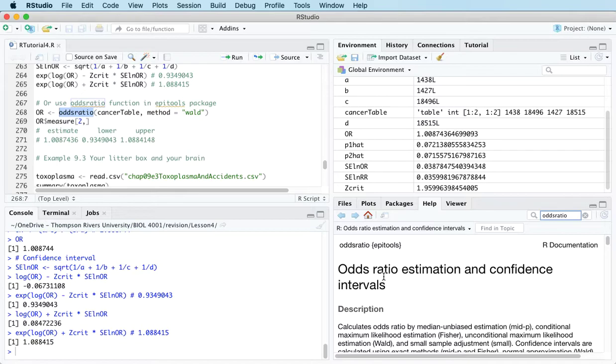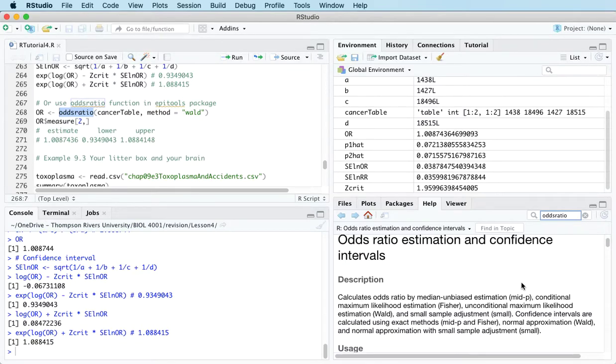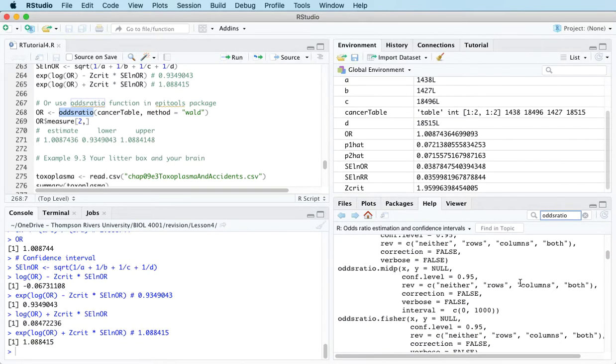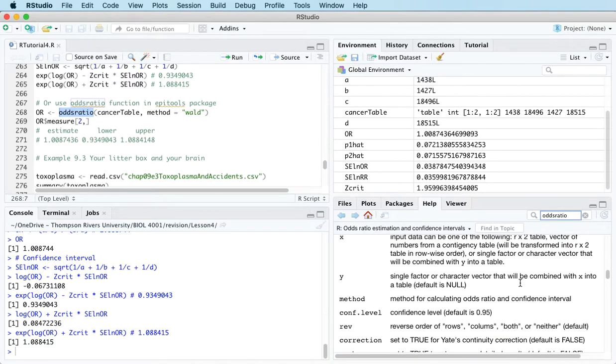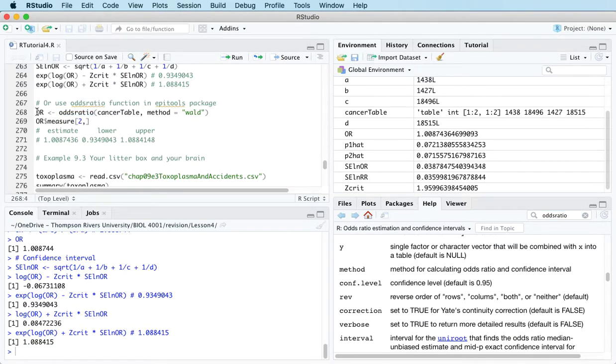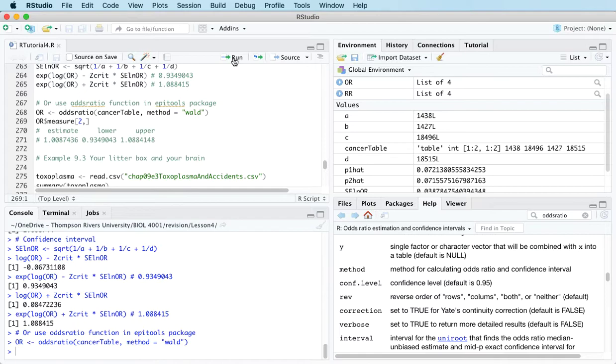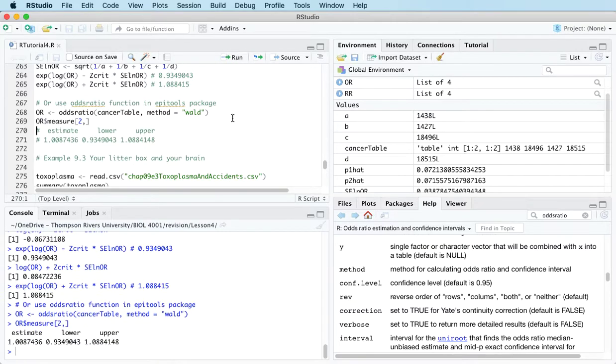It tells us it's odds ratio estimation and confidence intervals, and here's all the gory details. In this case, I can run this code to calculate the odds ratio and the confidence interval and a whole bunch of other stuff. But if I just pick out this part of the output, I get the estimated odds ratio here and then the 95% confidence interval here.